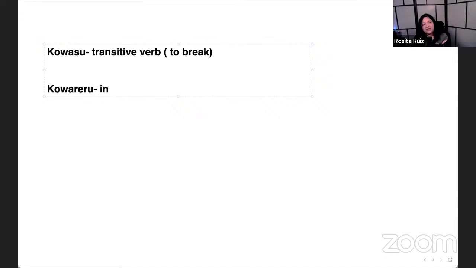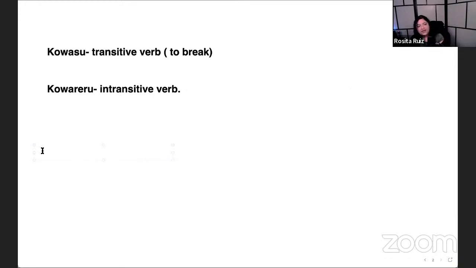This is going to be the intransitive form. So the item broken is going to be marked by the direct object particle o when the verb is kowasu.